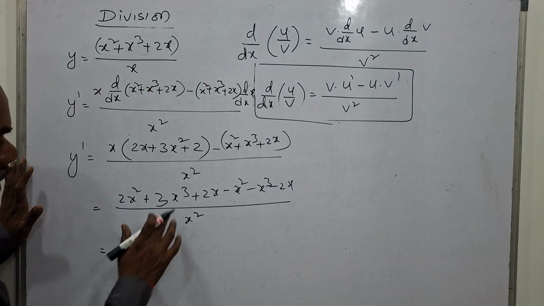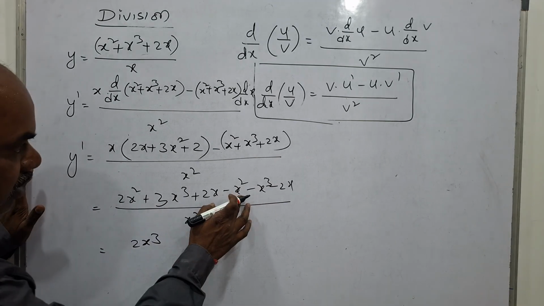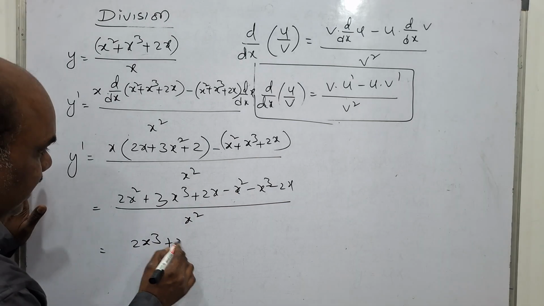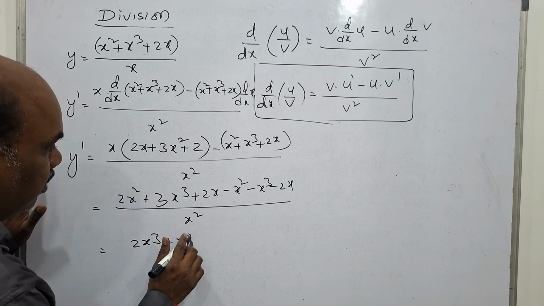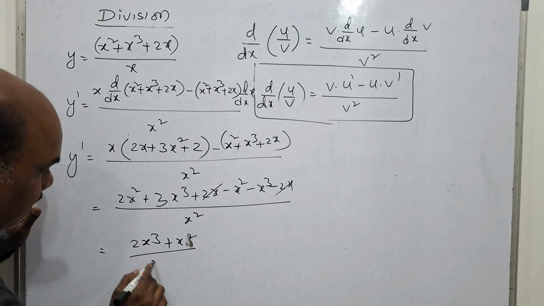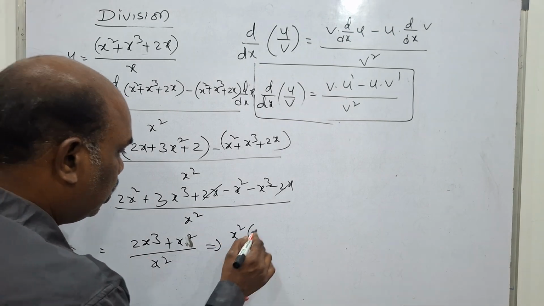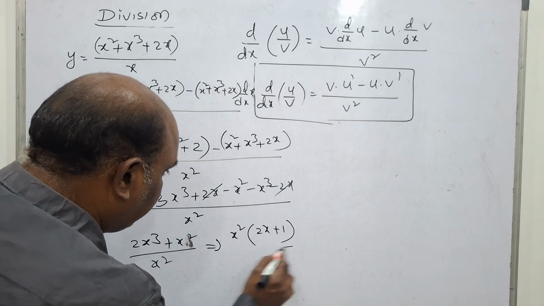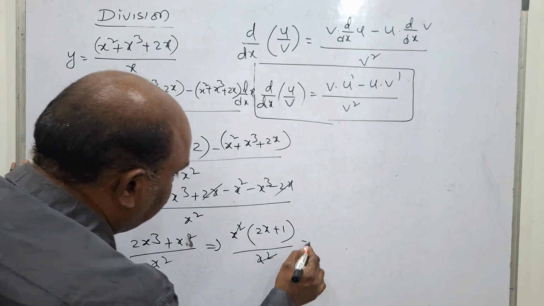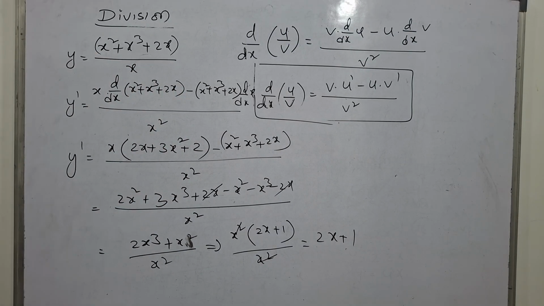Now see beta, 3x cube minus x cube is 2x cube, 2x square minus x square is plus x square, minus 2x plus 2x cancel, by x square. You can take common x square, you get 2x plus 1, by x square cancel. 2x plus 1 is the answer for the above question beta.